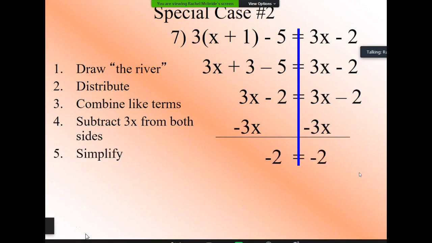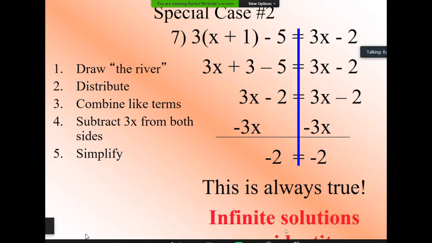So I get negative 2 equals negative 2. We learned about this special case this morning. Nevaeh, what is this? Perfect. This is always true. Therefore, infinitely many solutions. It's also known as the identity. But we write infinitely many or infinite solutions.